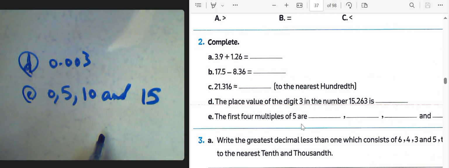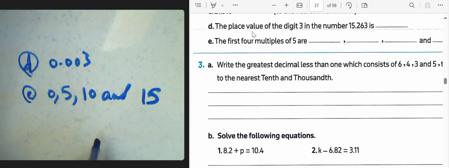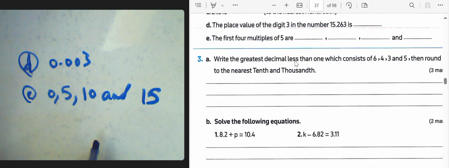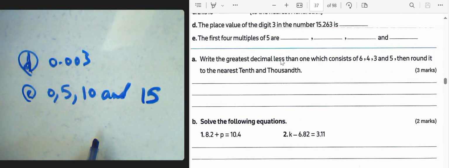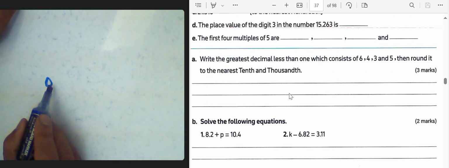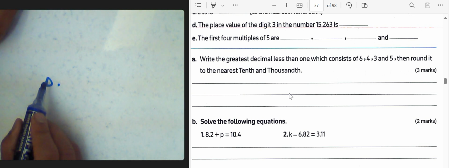Okay. Question number 3: write the greatest decimal less than 1 which consists of these digits, then round it to the nearest tenth and thousandth. The greatest decimal less than 1 we can write as 0 point, and here 3. This number less than 1 consists of 3, 4, 6, and 5.